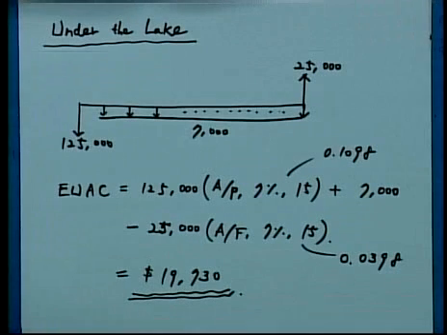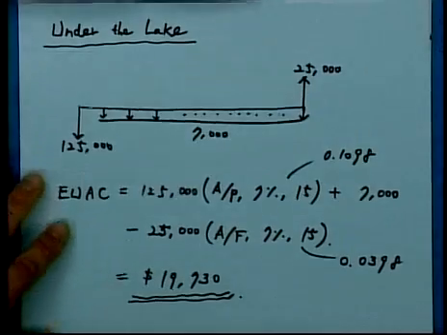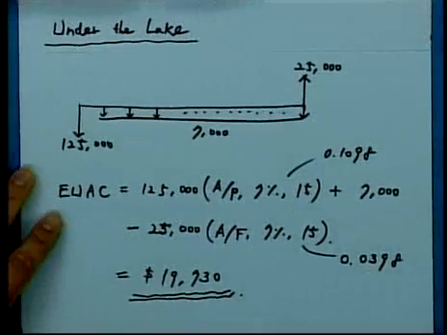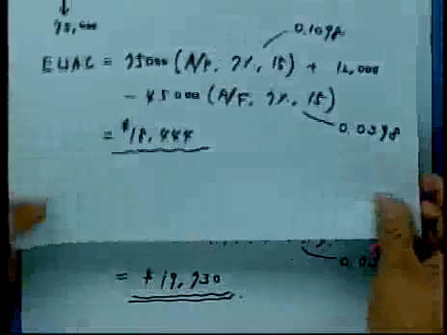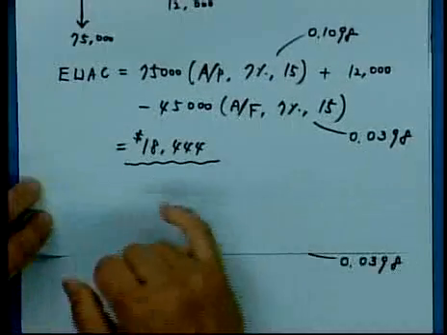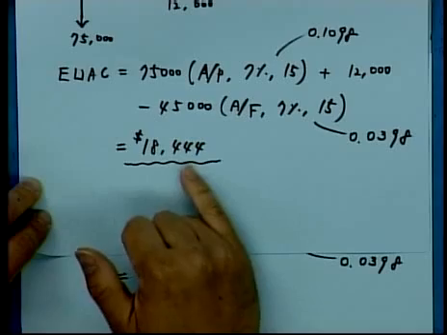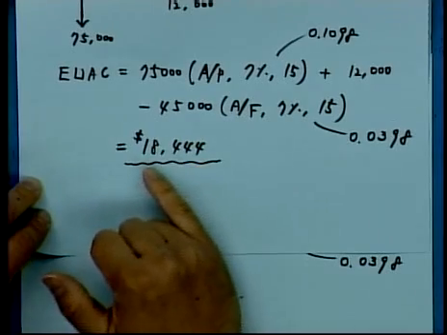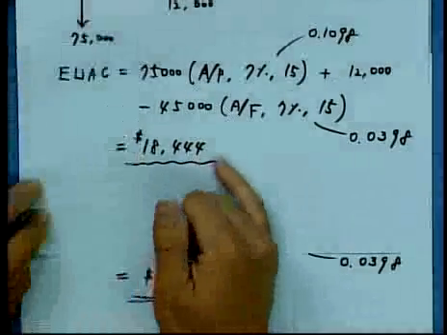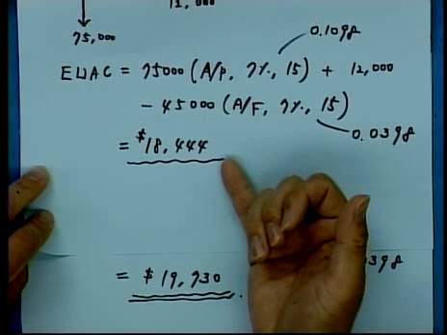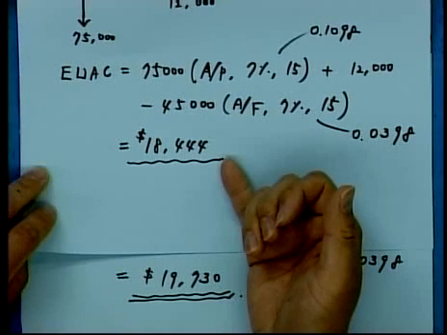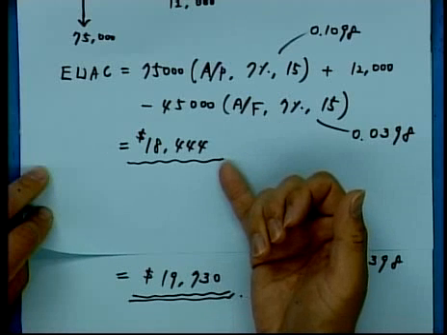So what is your suggestion? If you compare these two numbers, $18,444 is the equivalent uniform annual cost if the power line is routed around the lake.